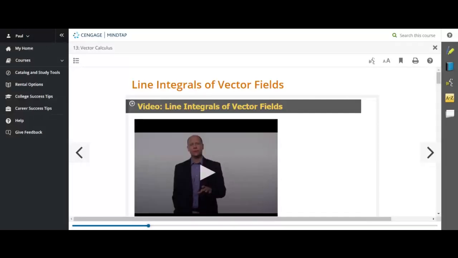Okay, now we talk about line integrals of vector fields. Nice application.